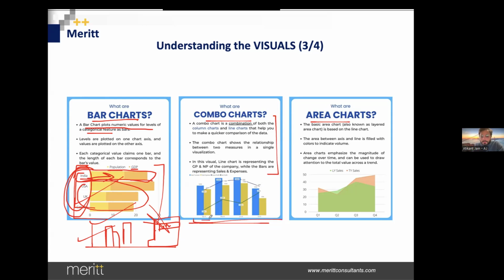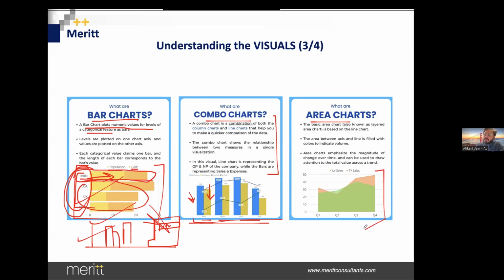You will have April, May, June, July, and the blue bar will show this year's employee count. This golden color will show last year's employee count. So this is how you can compare this month's employee count versus last year's same month, so that you can see month on month whether my employee count is increasing, decreasing, and so forth.